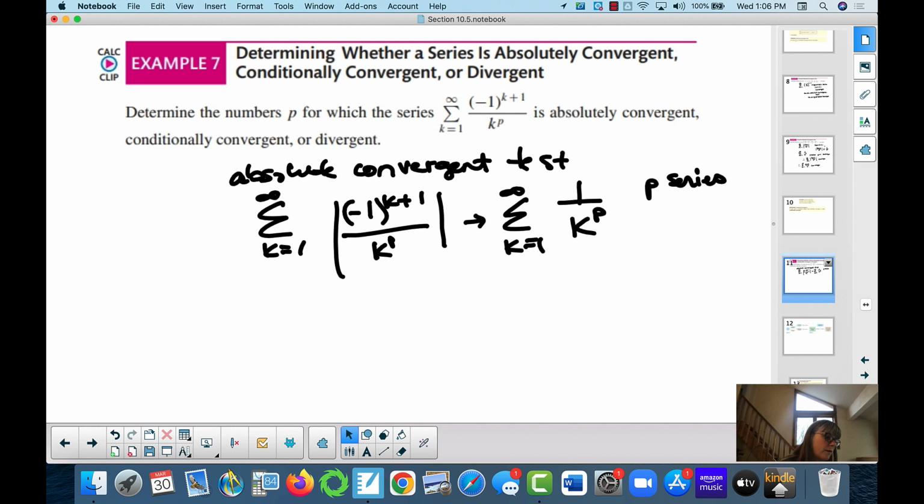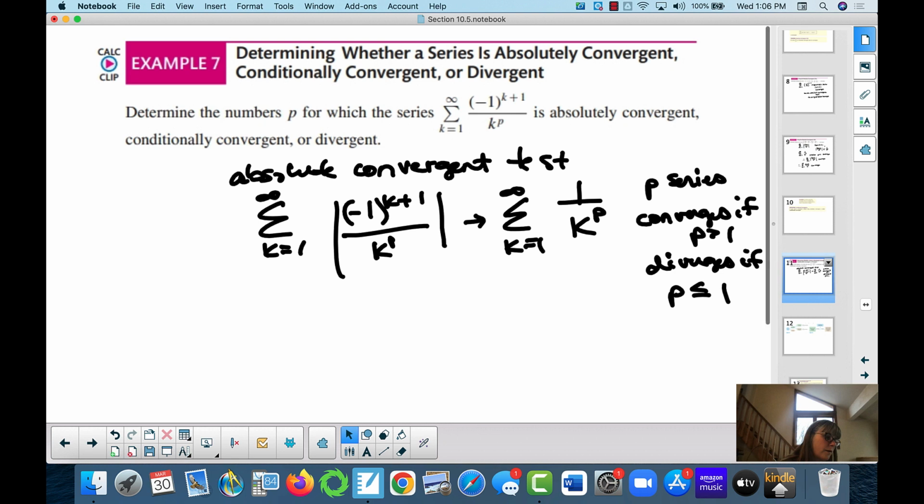And in a p series, it converges if p is greater than 1, but diverges if p is less than or equal to 1. So this series converges if p is greater than 1 and diverges if p is less than or equal to 1.